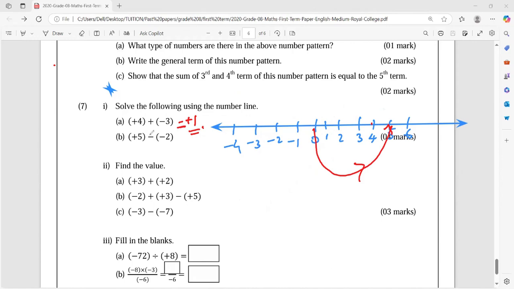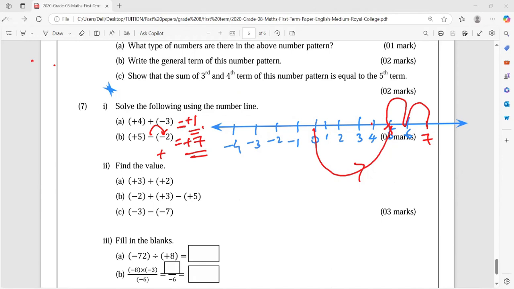This is negative, and I have told you this negative can change the sign. A negative sign always changes the direction of the directed number. Therefore, this is going to be plus. This negative sign is going to be plus. Therefore, you have to go to the right side, not the left side. 1 and 2. And here you have 7. Your answer will be positive 7. And this is the answer.